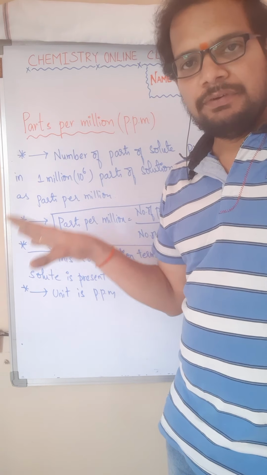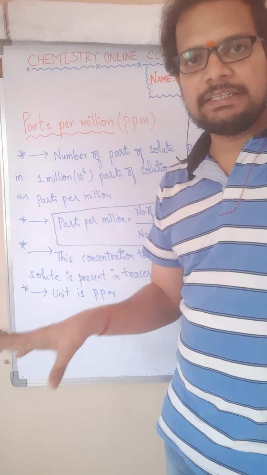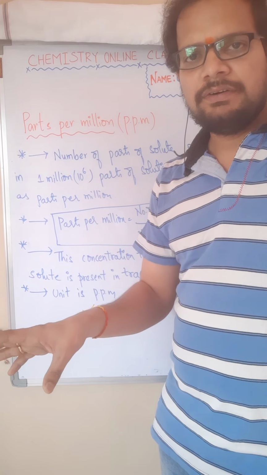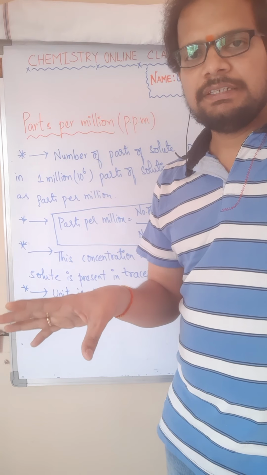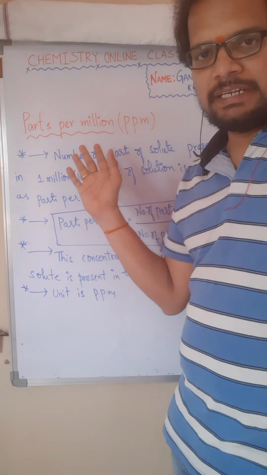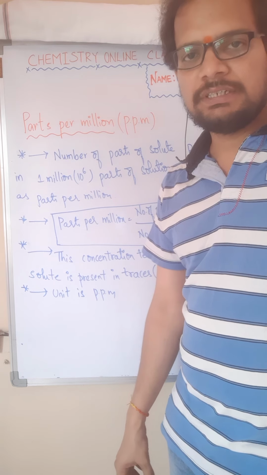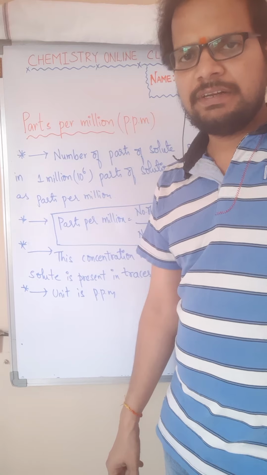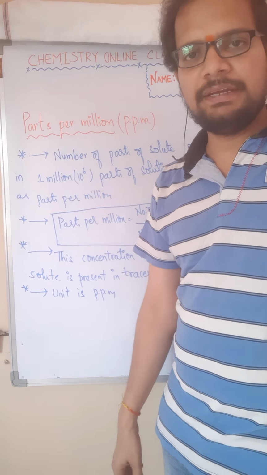Whenever water is contaminated with bacteria or other microorganisms, the amount of bacteria present in water is generally measured by parts per million. Even in fluorinated water, which causes a disease called fluorosis, the amount of fluorine present is also measured in ppm.